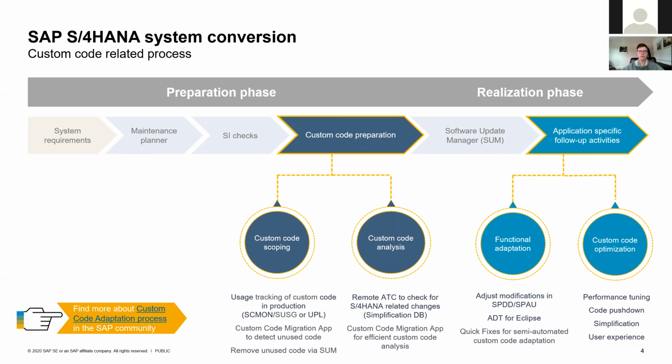Of course, you can take over the whole code and adapt it here, but it will result in a huge effort, since our statistics from the past 15 years show that 30 to 60% of custom code in a middle SAP ERP system is not executed.